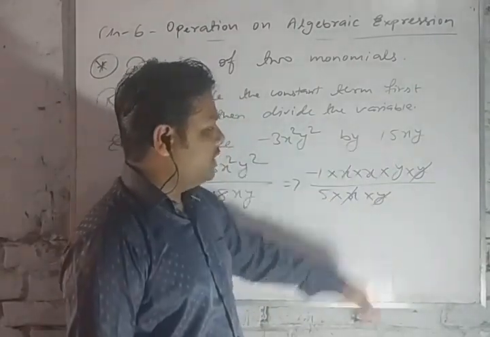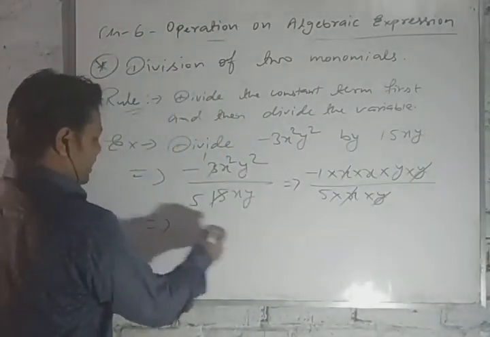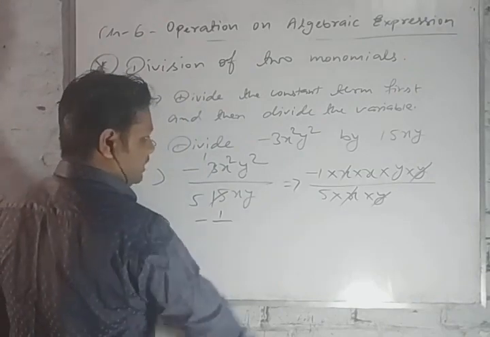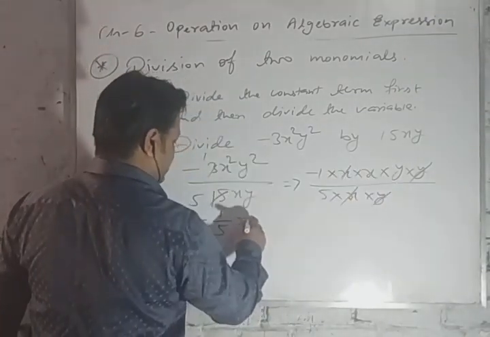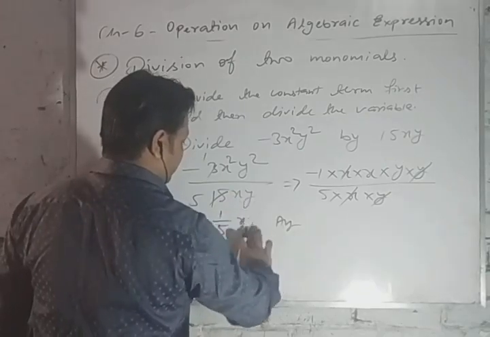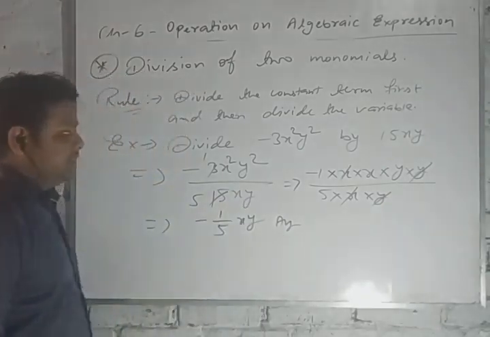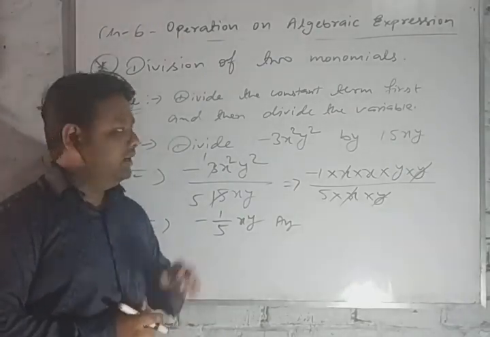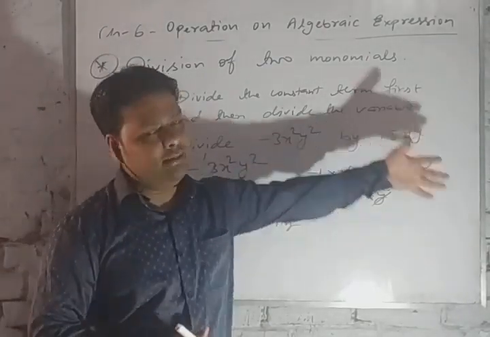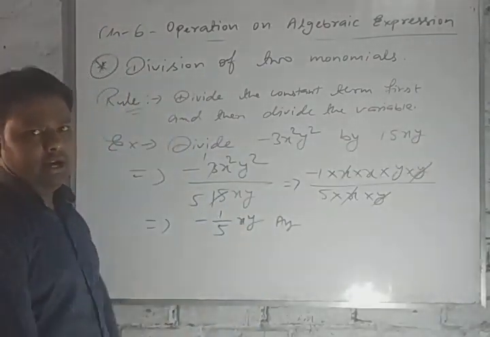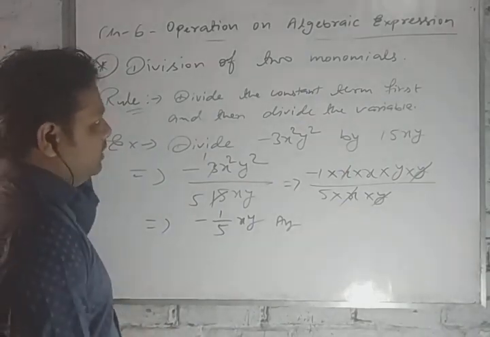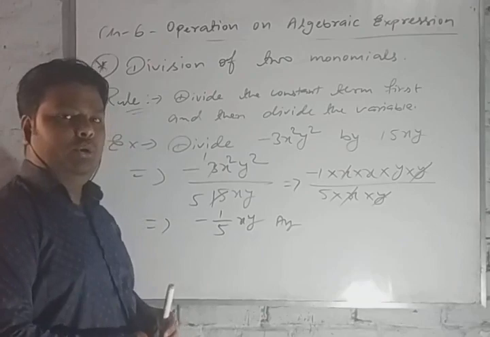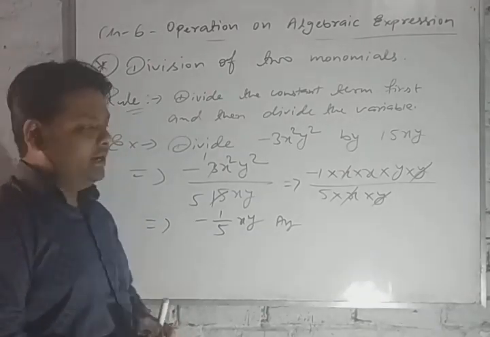It means we can write at first the constant term minus 1 by 5 and x into y in the middle. So this will be our answer. So like this we can divide any monomial by any monomial. Let's see one more example. Then we will discuss how to divide any polynomial by a monomial. Okay dear? So let's see.